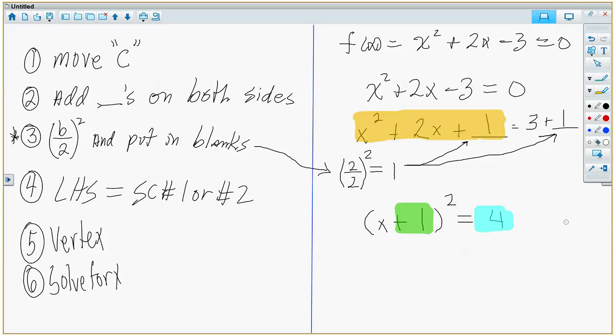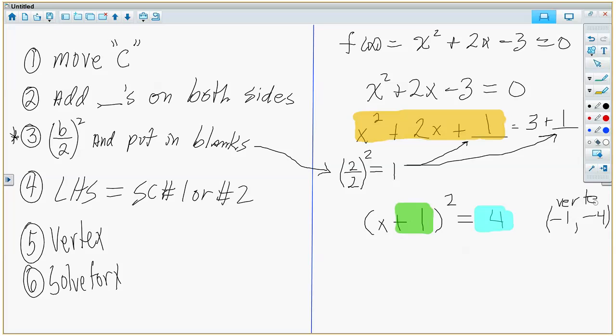Now at this point, I can find my vertex by taking the opposite of both of those. So what is the opposite of negative 1, or positive 1? And what's the opposite of positive 4? There is your vertex. Now, you need to write however you need to write to get that. Write it down to the side: take the opposite of both numbers.